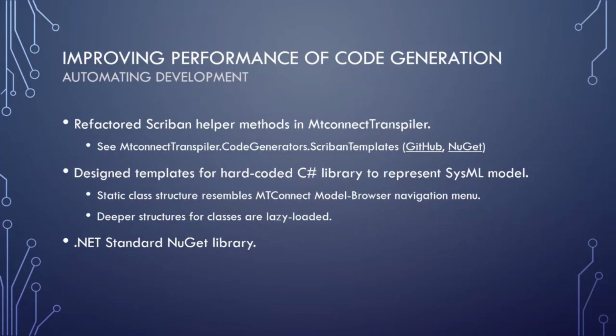So once we have this solution built, being able to, like I said, consume the SysML model, and now we have the templates designed to generate a mass number of C# files that we normally did by hand, we noticed that the process of designing this transpiler was still extremely convoluted. I'm an advanced user of MTConnect.